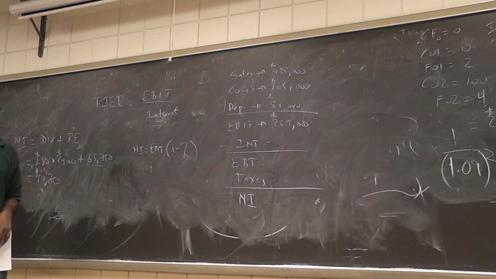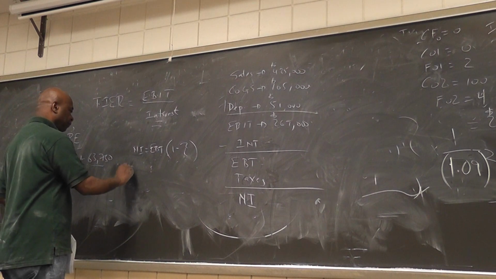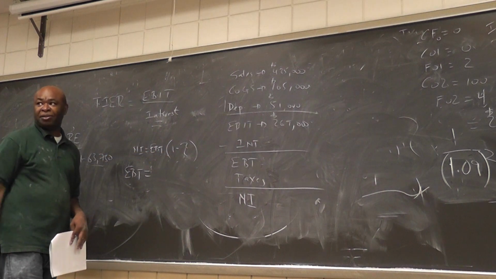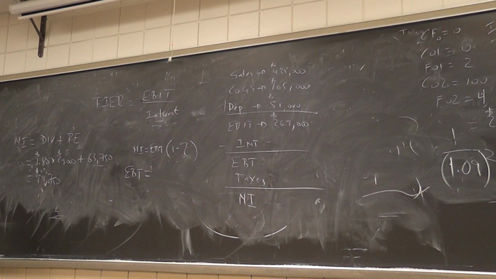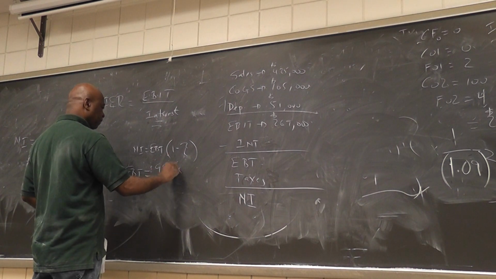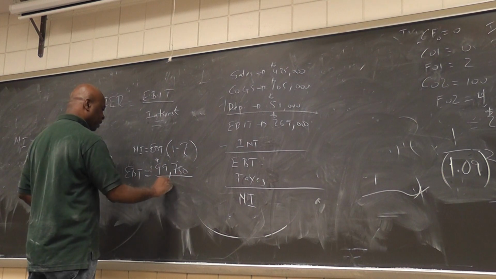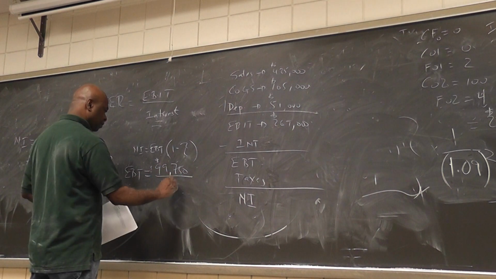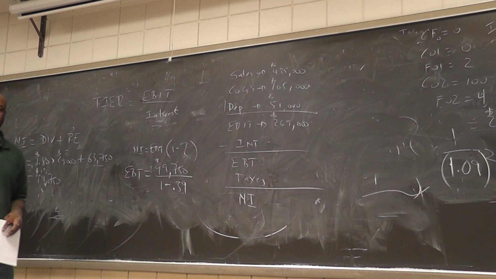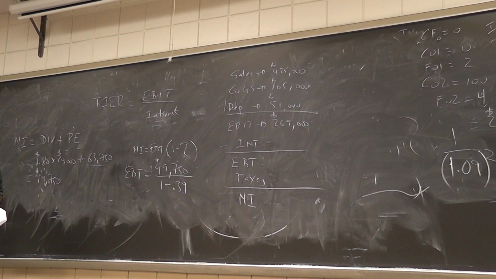Therefore, earnings before taxes will have to be the net income divided by 1 minus the tax rate. So net income is 99,750 over 1 minus the tax rate, which is 39%, so that would be 0.61.